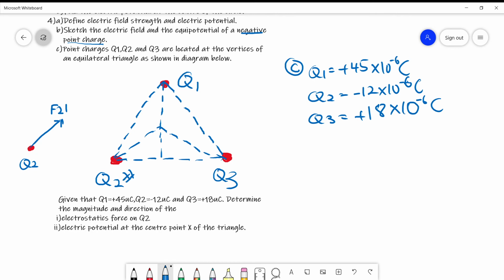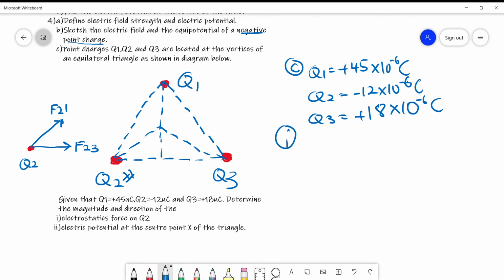So my F23 is pointing this way. So this will be my F23. What we need to do is find out the resultant force.